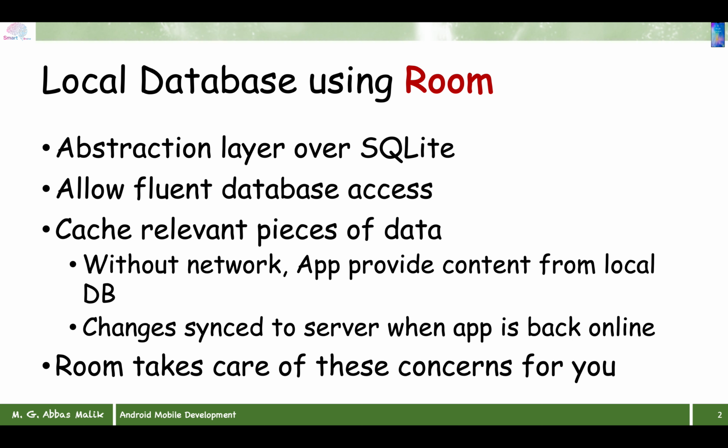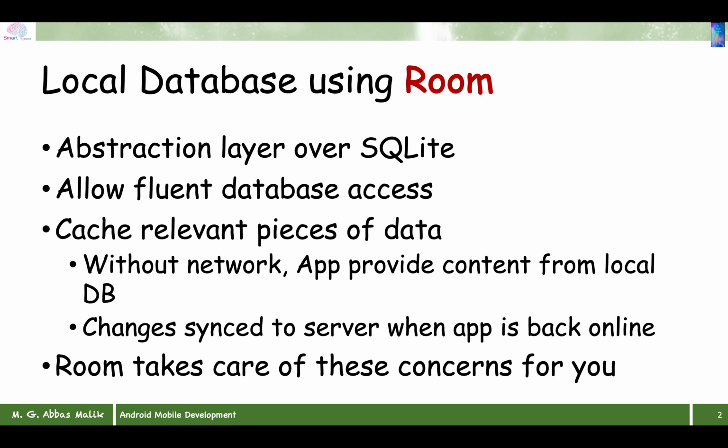So, cache relevant pieces of the data without network. The app provides contents from the local database. Cache means that if we have services which are based on the cloud and remote data, then we can have relevant information stored inside our local database, and we can serve it in case the internet connection is not available.